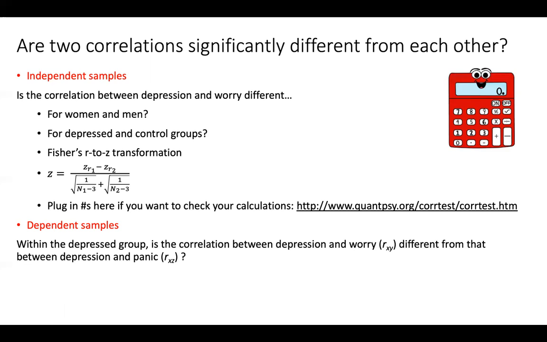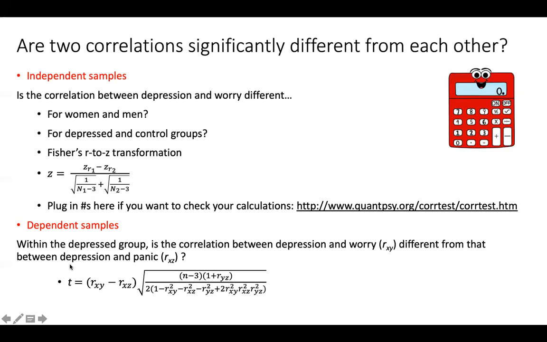For independent samples, this test is based on Fisher's R-to-Z transformation, the same as what we did for the test of a single correlation coefficient for a population where the correlation is not 0. For dependent samples, it relies on the t-distribution, right?